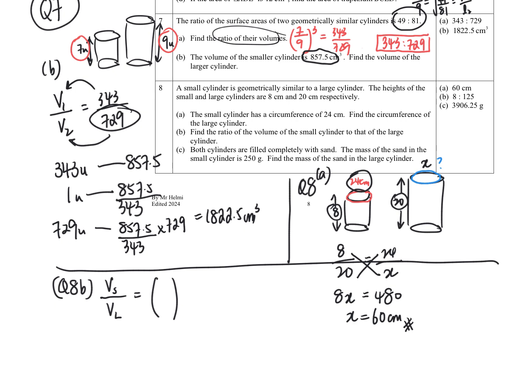What's the ratio you put in? 8:20. So we put that in and then what do we do to it? Cube it. That's all. So you will get 8:125. If they want percentage, times 100%. Okay? So you see what the question wants.